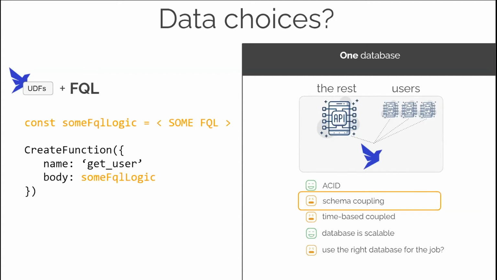We could easily split off the logic that we're going to place in that function. Imagine that we have some other FQL that is the logic. And this is actually pure JavaScript. Basically what I'm showing here is that FQL is super composable, which is very useful for the approach I'm going to show to separate the APIs.